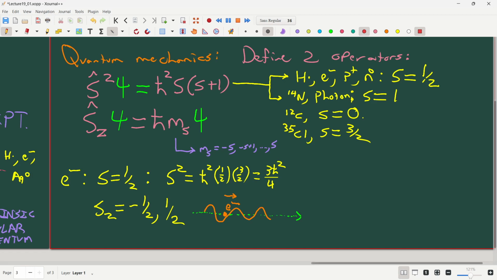It can rotate clockwise around the axis, say the z-axis, so we can have rotation in the xy plane clockwise, or we can have counterclockwise rotation around this axis. And these can be assigned to plus 1/2 and minus 1/2.